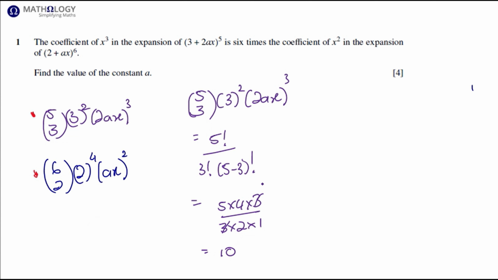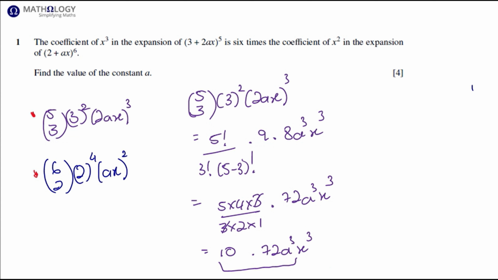You'll get the same coefficient there. Then we multiply that by 3 squared, which is 9, times 2 cubed, which is 8, a cubed, x cubed. So we have 720a cubed x cubed. So the coefficient of x cubed is everything in front of that: 720a cubed.